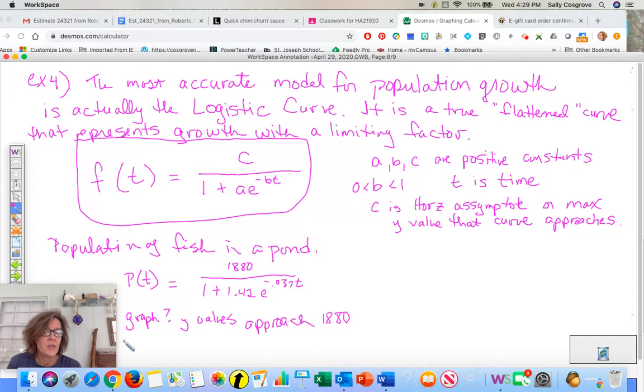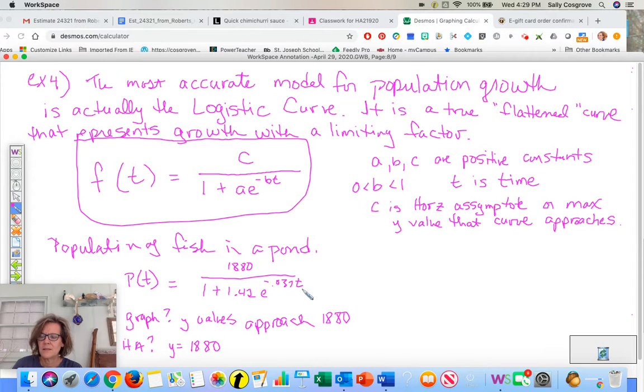The second question is going to ask us about the horizontal asymptote. Well, it's really the same question as the first one, but that's all right. Where is the horizontal asymptote? Well, that's this C value right here. And what is that? 1880. So it is y equals 1880.